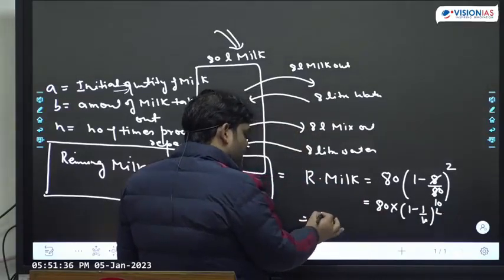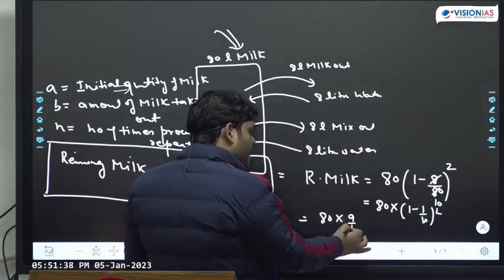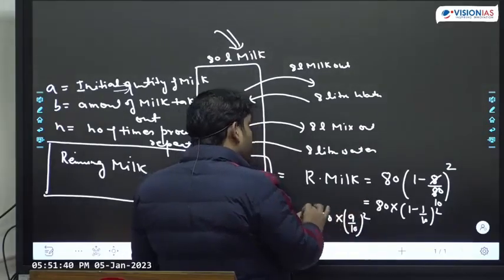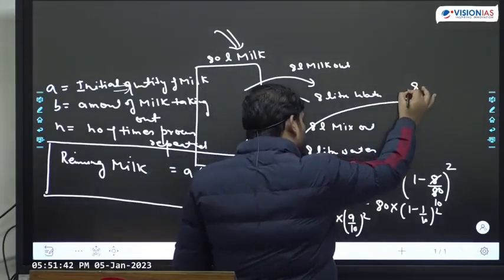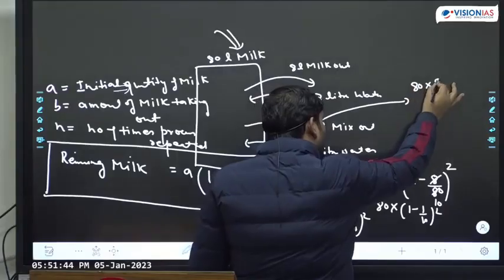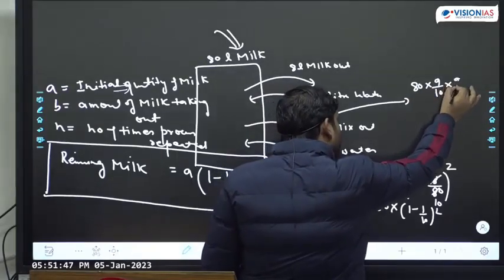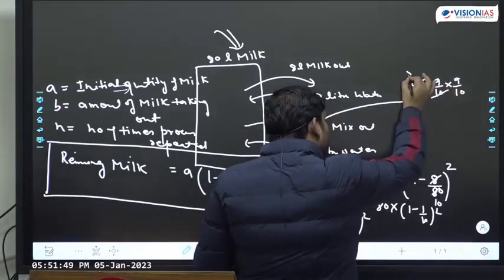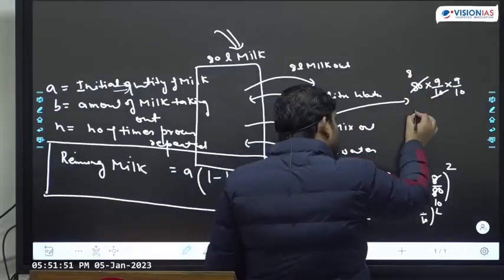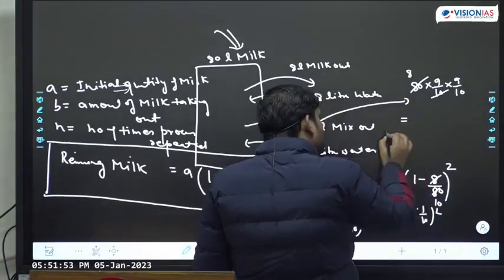This will be 80 into (9 by 10) whole square. If we solve this, this becomes 80 into 9 by 10 into 9 by 10. Okay?